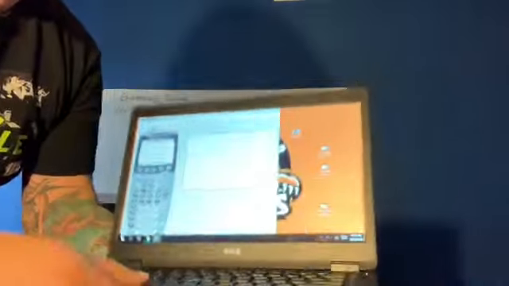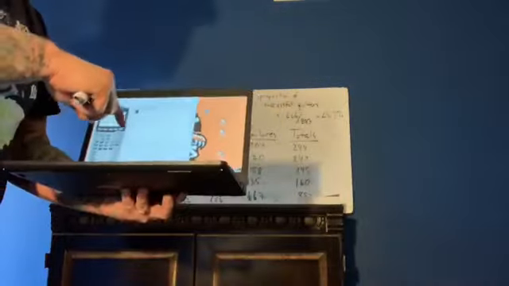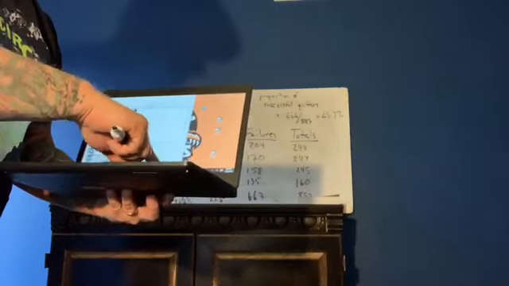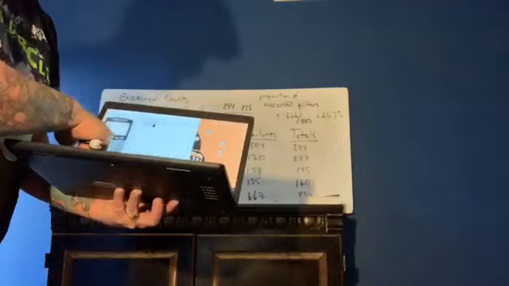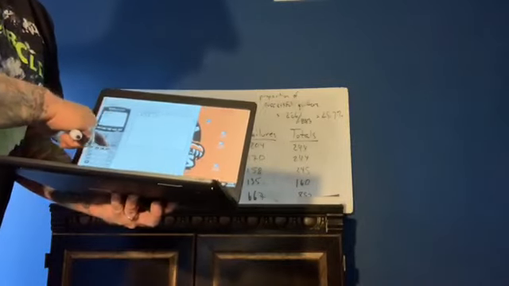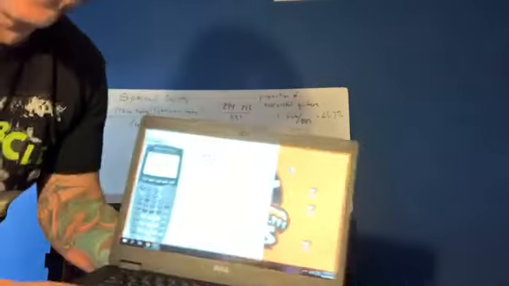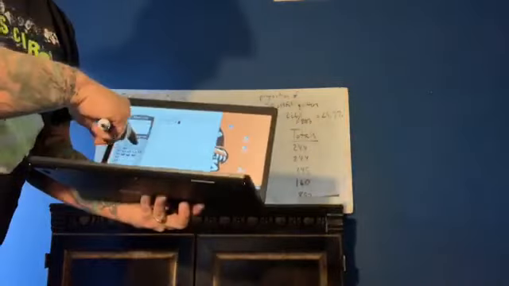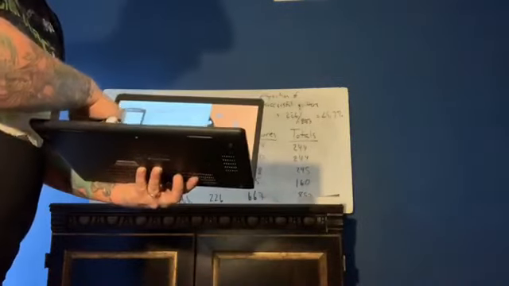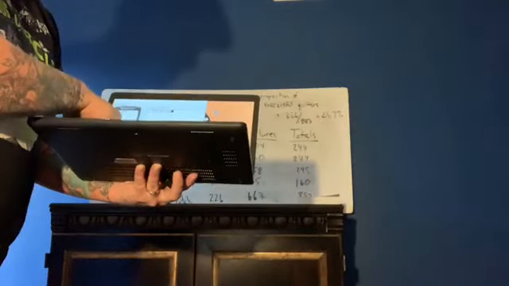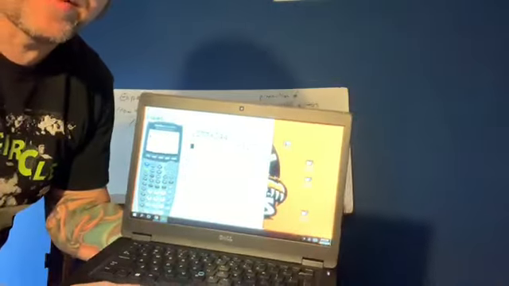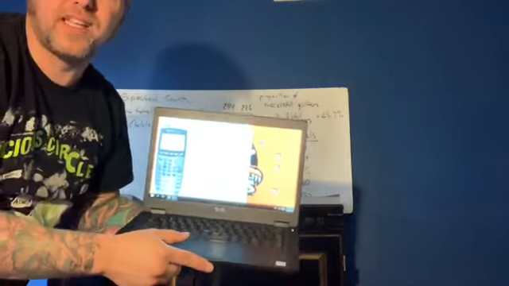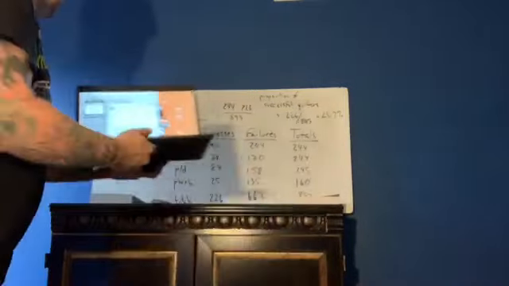So there's the calculator. We take 0.253 times 244, and that equals 61.732. I don't know how well you can see that with the lighting in here, but there you go.